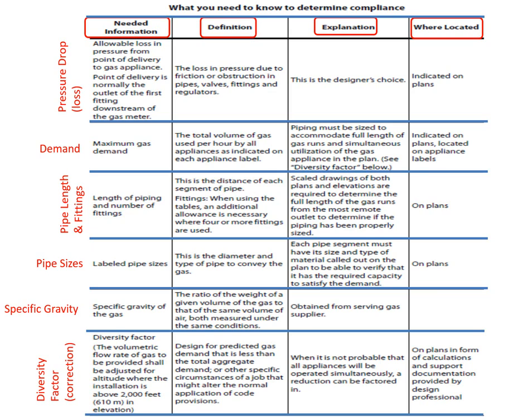Specific gravity of the gas. The definition is the ratio of the weight of a given volume of the gas to that of the same volume of air, both measured under the same conditions.